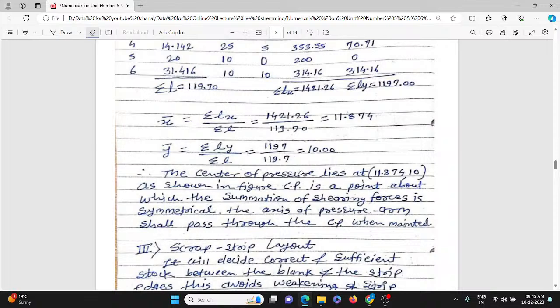A few students contacted me that they are not getting how to calculate the center of pressure. The other things they have understood, but this they are not understanding, and that's why we have conducted this online session. Let me know whether you understood how to calculate the center of pressure. Please comment in the chat box.